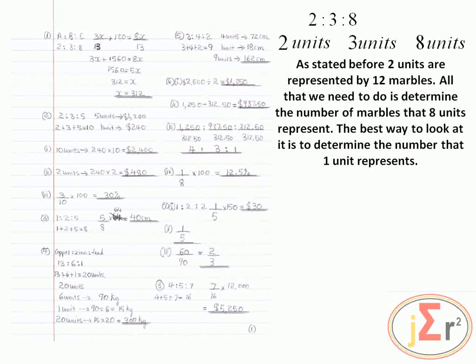As stated before, 2 units are represented by 12 marbles. All that we need to do is determine the number of marbles that 8 units represent. The best way to look at it is to determine the number that 1 unit represents.